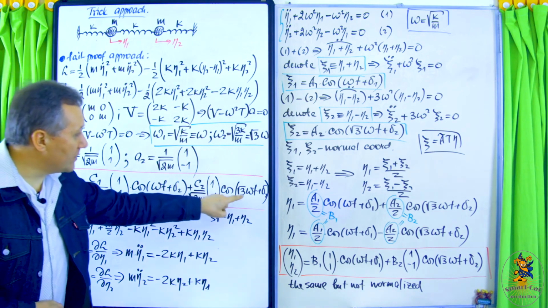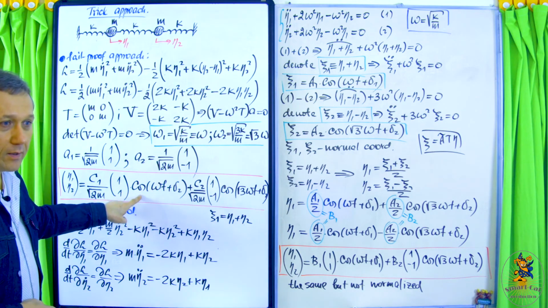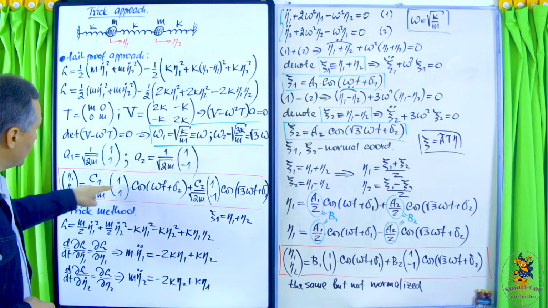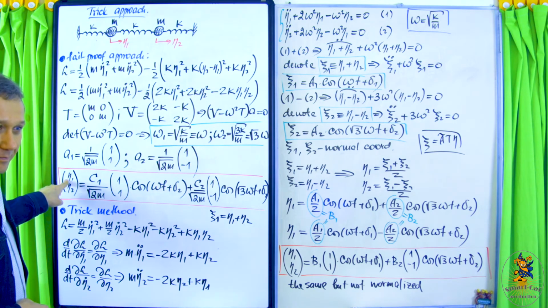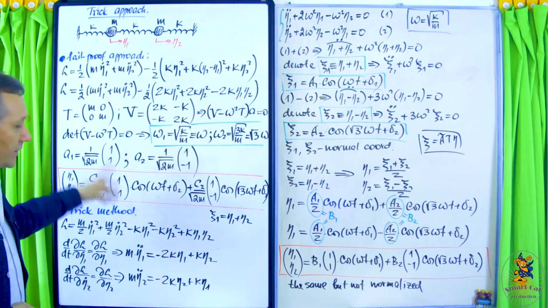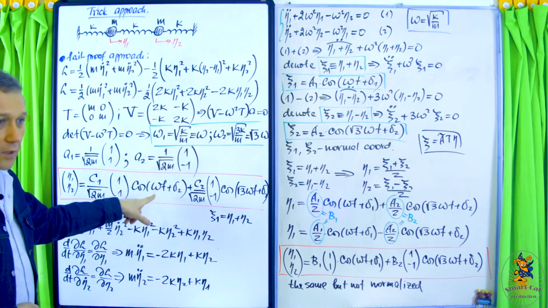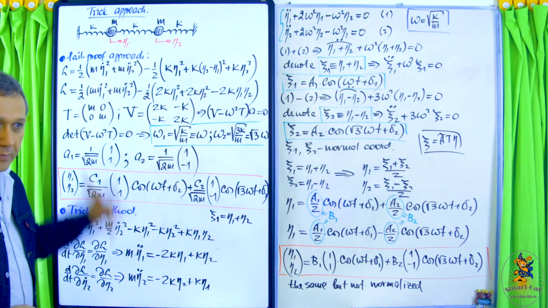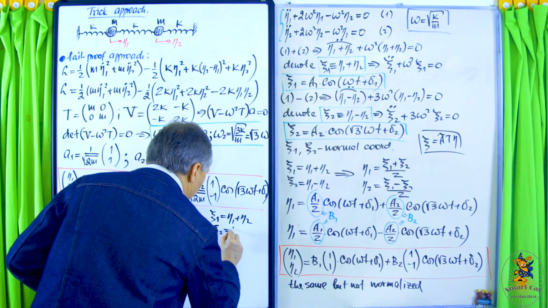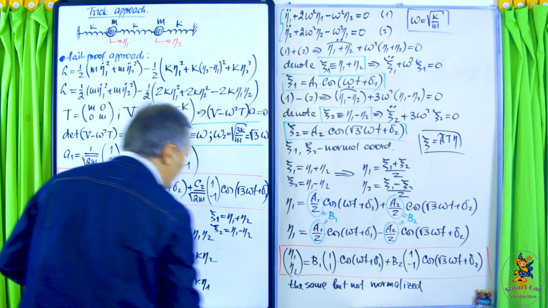So now we want to keep this, and we want to damp oscillations with this frequency. So what should we do? We need to take one part of eta 1, one part of eta 2, and now subtract them, so that 1 minus 1 and the oscillations with this frequency will disappear. So you will get immediately xi 2 equals eta 1 minus eta 2, right?